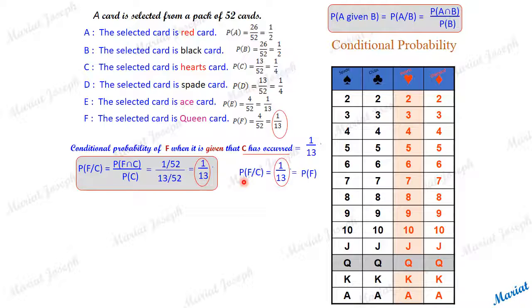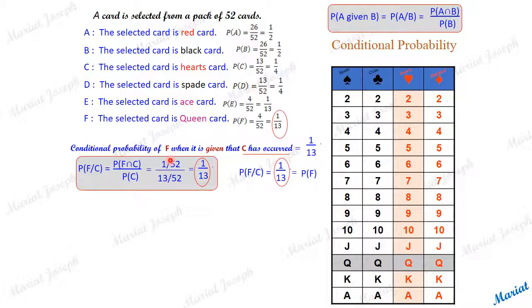Whether C has occurred or not, whether we knew it or not, the probability would remain the same, 1 by 13 earlier, 1 by 13 later. But remember, this doesn't happen always with all other events. Sometimes the given information influences the probability of another event.